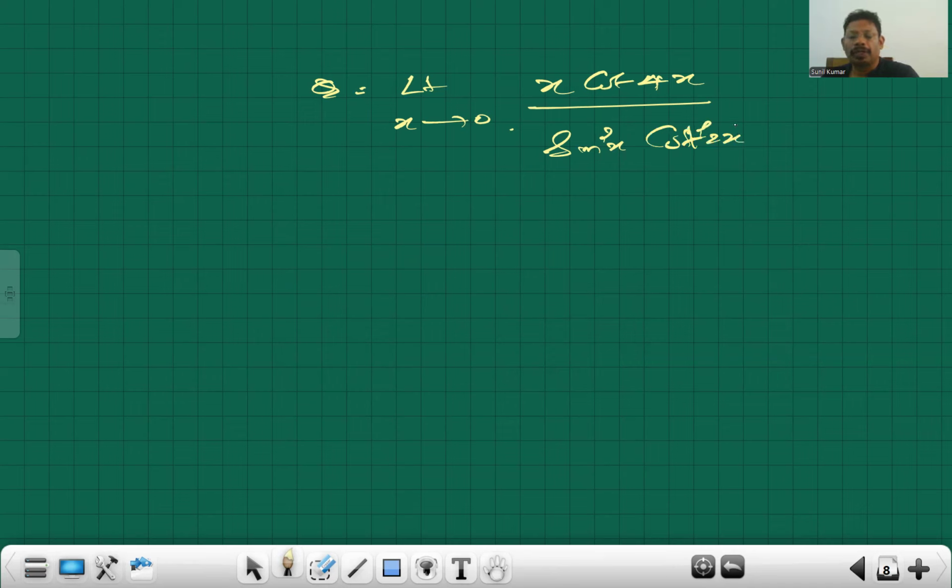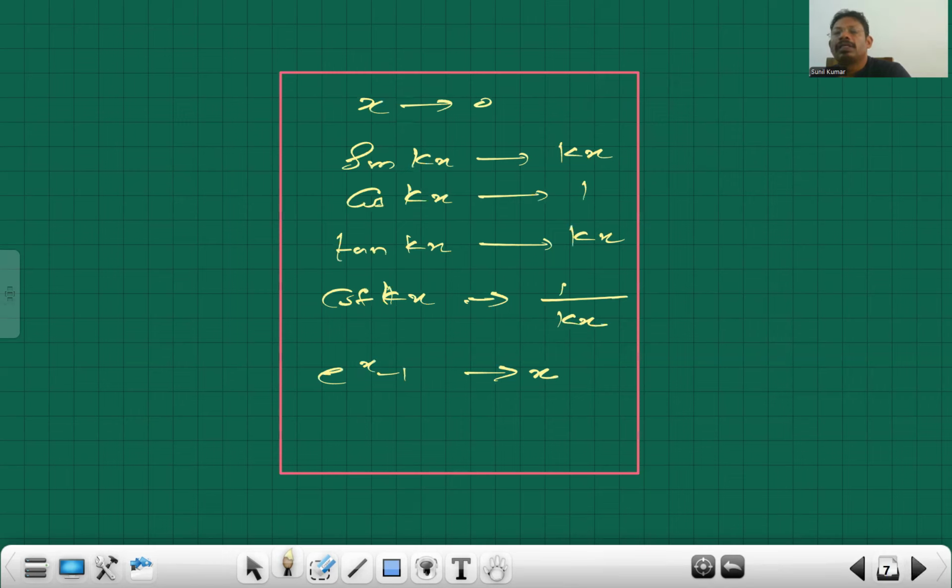In the last session, I discussed something like this. And what about sin square kx or sin square x? Whenever x is tending to 0, sin x is tending to x. Then sin square x is sin x the whole square only, so this will approach x square. That also you should remember.